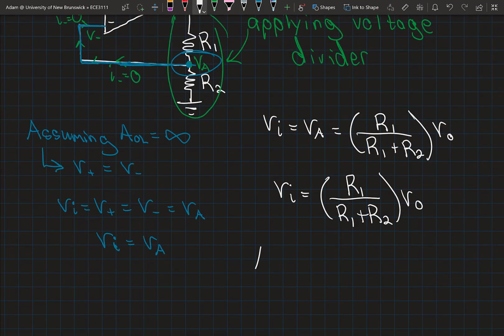We know from looking at our amplifier models that gain is equal to our output voltage divided by our input voltage, voltage gain in this case.